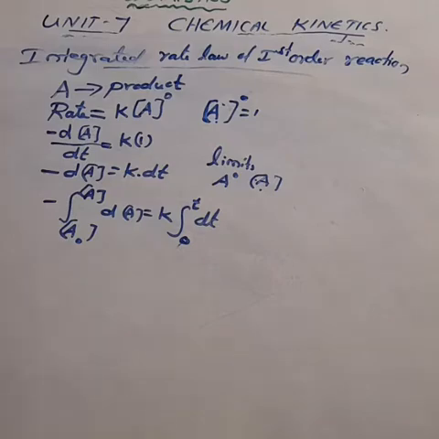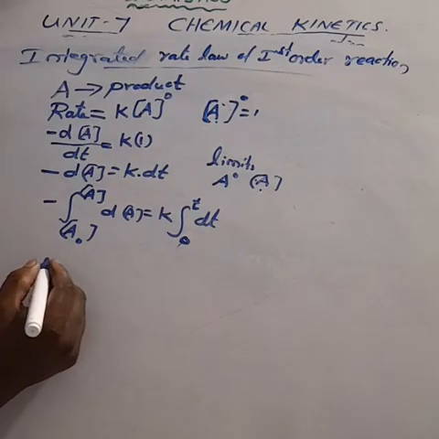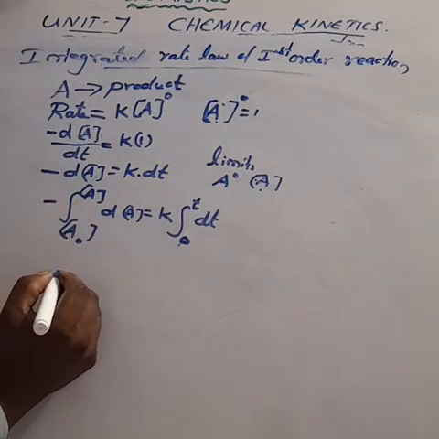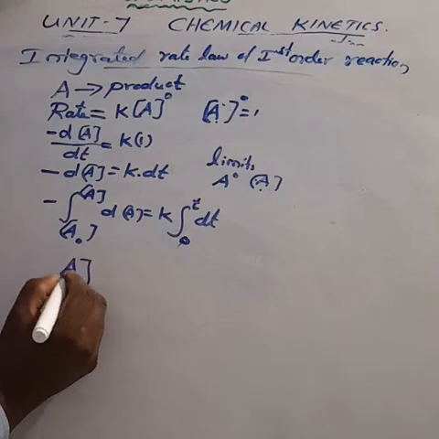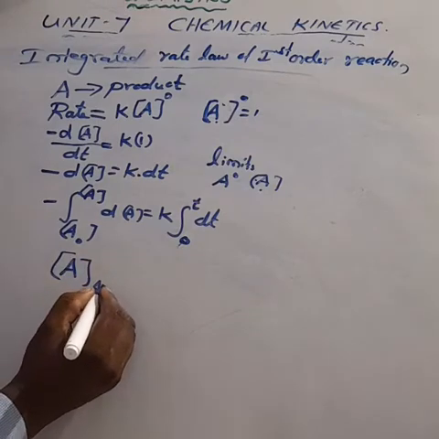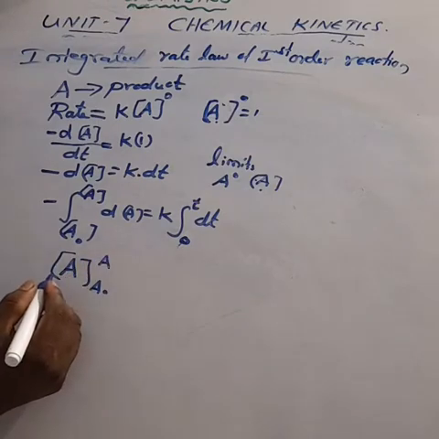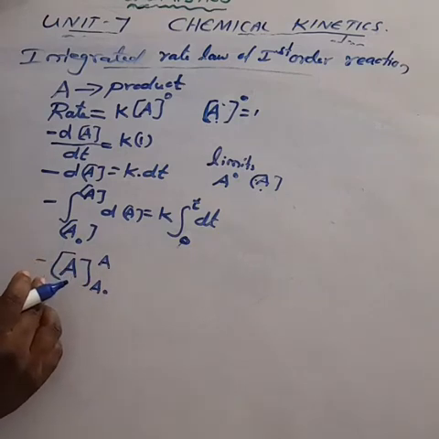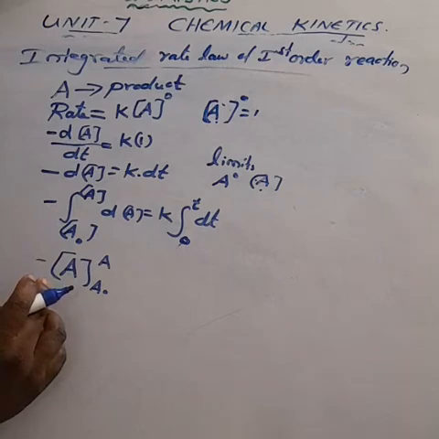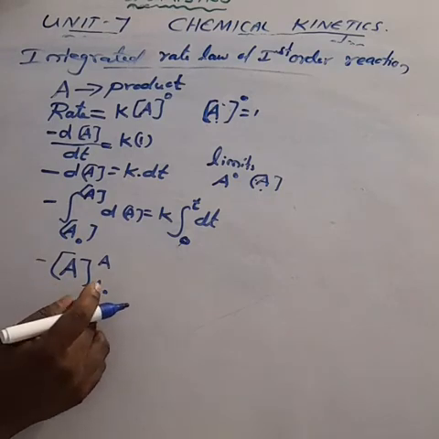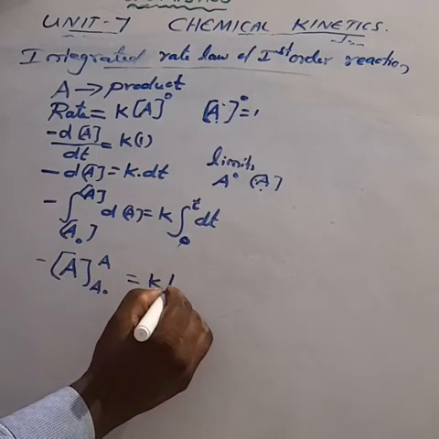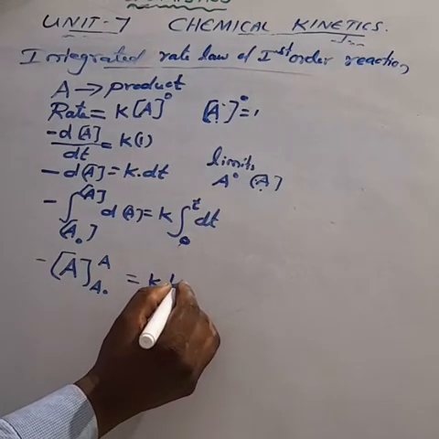This can be again written as minus of [A] with lower limit A naught and upper limit A, is equal to K into [t] from 0 to t.